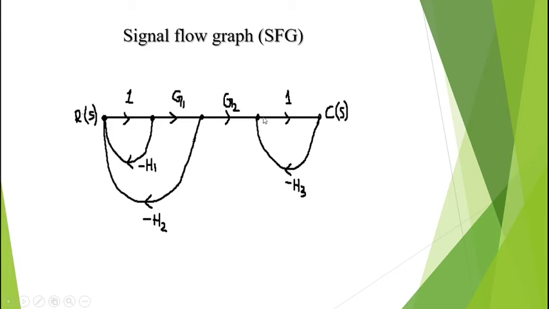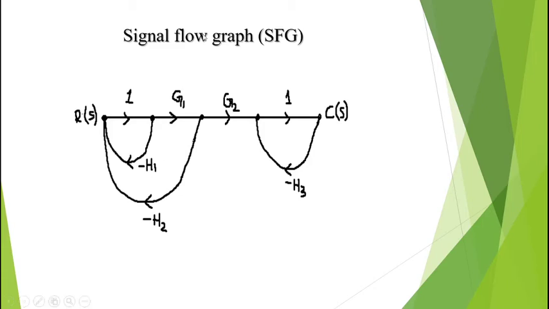So the two non-touching loop gain, L1 into L3, is equal to h1 into h3, because we are multiplying minus h1 into minus h3, which equals h1 into h3. That is the first two non-touching loop gain.